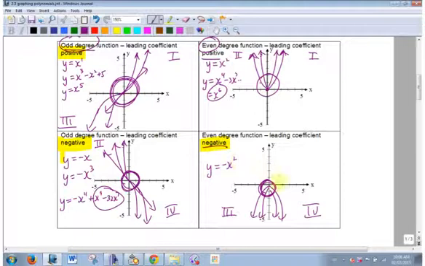Even if this thing's got a vertex over here, eventually it's going to go down in quadrants 3 and 4. I don't care where it is. That always happens. Same thing with this guy. Yeah, I could have a parabola over here, but eventually quadrants 1 and 2 is where this guy's going to go.